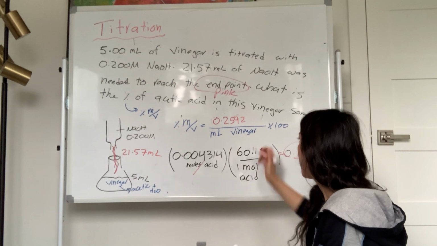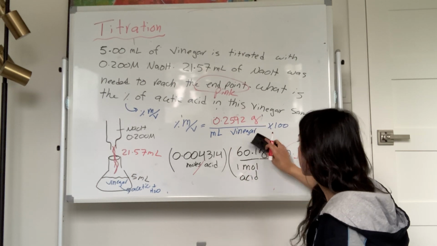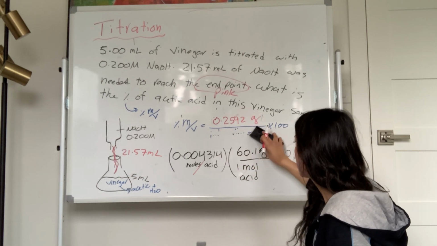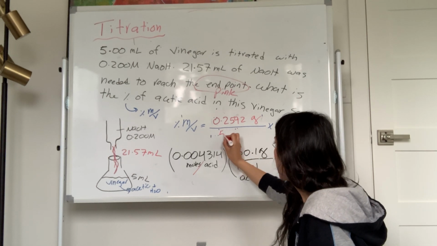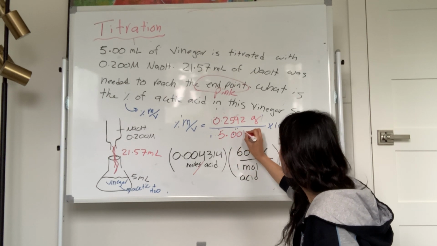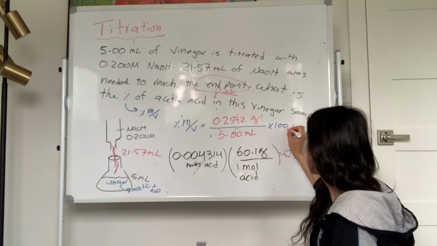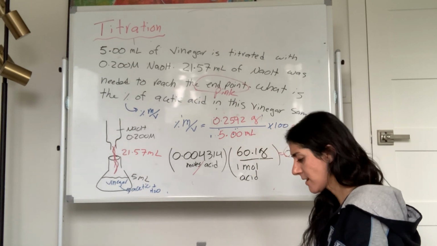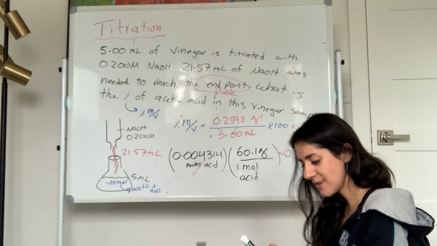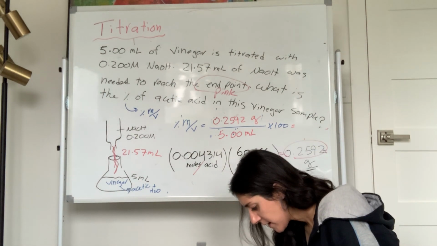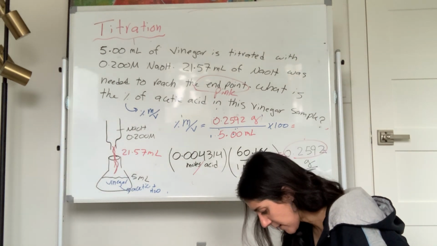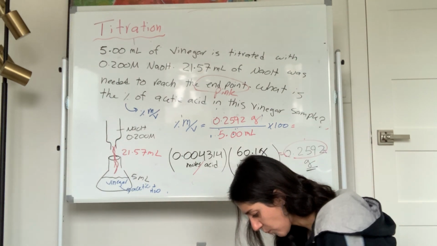Okay. Now, how much vinegar did I have? I had a 5 ml vinegar sample. So over here, what am I going to write down? I'm going to write down 5.00 ml. 4 sig fig, 3 sig fig. My final answer should have how many sig fig? 3 sig fig. Good job. Okay? So, if I divide that by 5.00, what do I get?